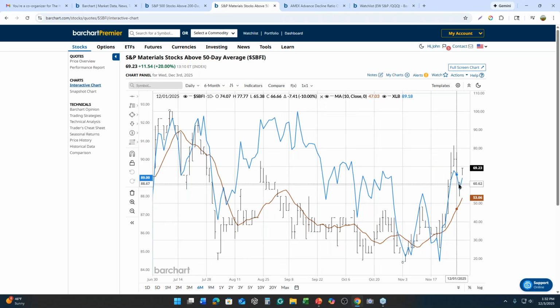Again, one of these breadth thrusts, when we move from one of these clusters from 30 to 50 or 50 to 70, is a very bullish indication that you're about to see a confirmation in your price action.